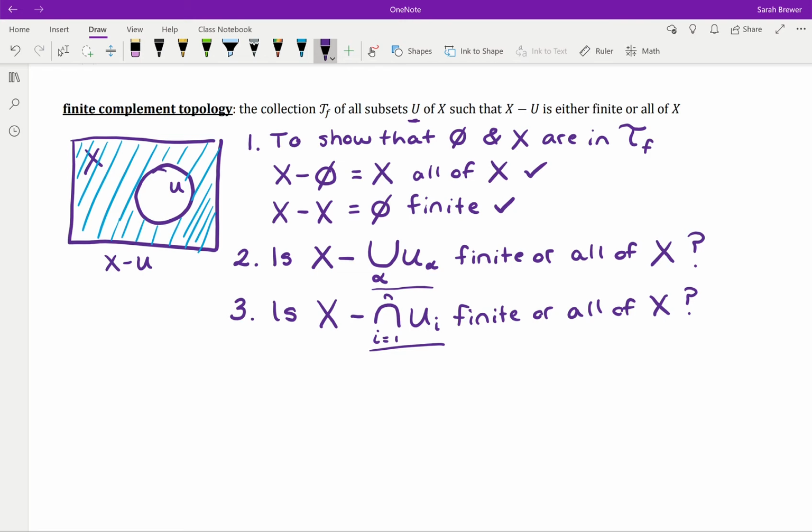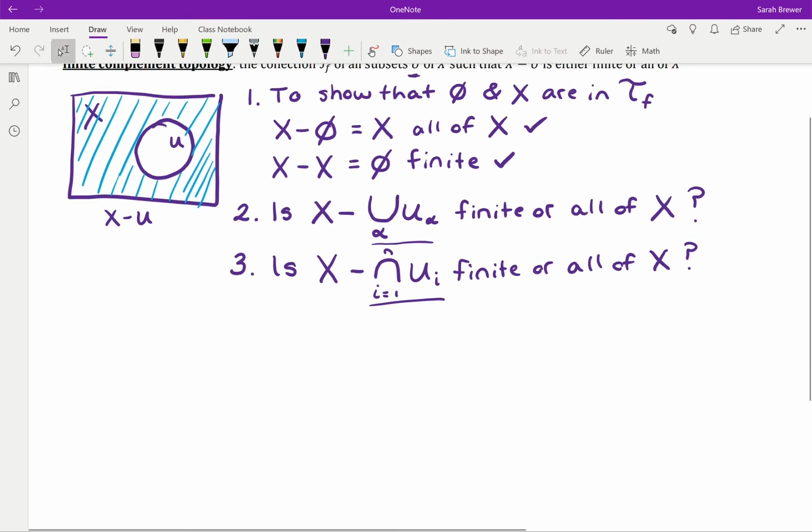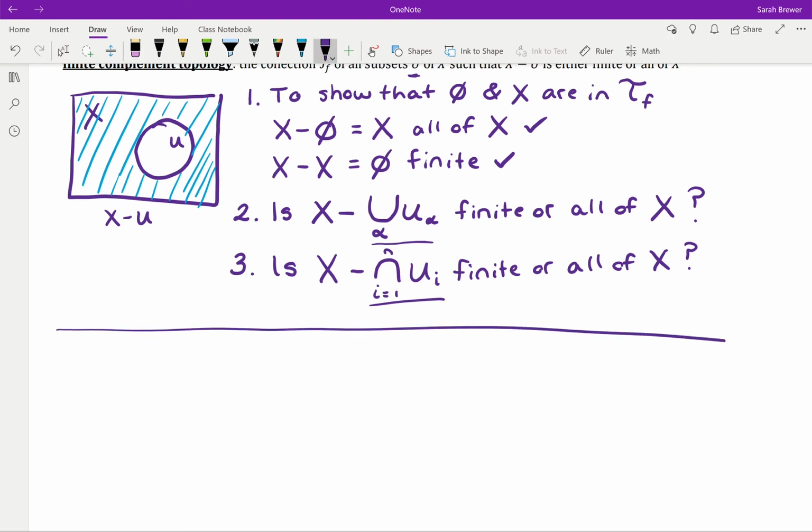All right, so let's take a look at criteria number 2 to start. So we're good with criteria number 1, but let's check criteria number 2.